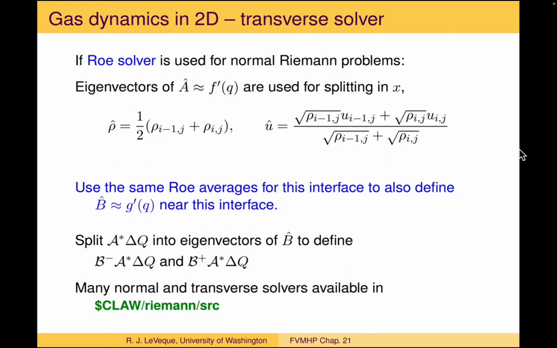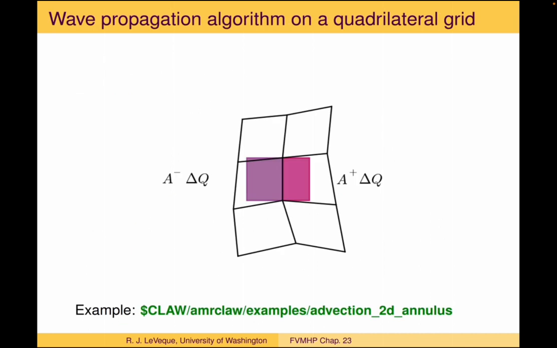So there's a number of different both normal and transverse Riemann solvers available in the Riemann repository, so you might take a look there and examine some of those solvers to see how they're constructed. And then finally, let me just mention that this sort of approach to doing wave propagation with transverse solvers extends fairly naturally to a more general quadrilateral grid.